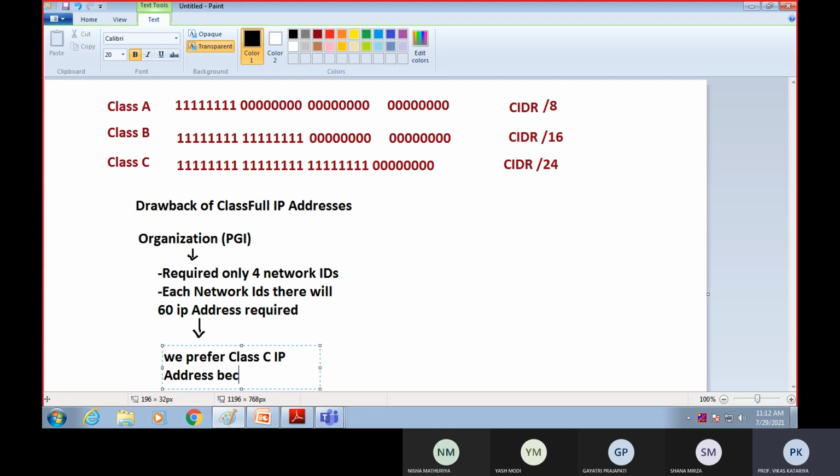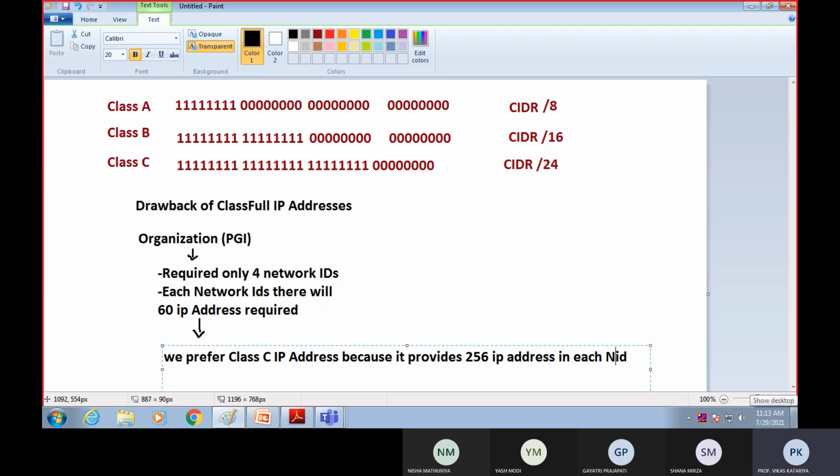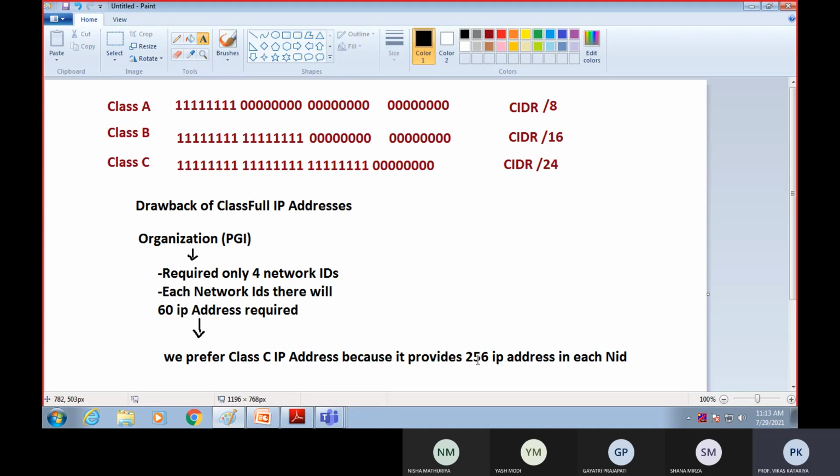because it provides 256 IP addresses in each network ID. How can 256 IPs be provided by class C in each network ID?